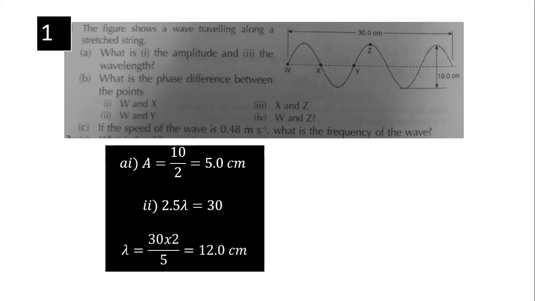Okay, what's the phase difference between point W and X? That's your W. That's your X. Right? Write this in terms of angle. Then you can see what's the phase difference. If this is 0 angle, what should this be?